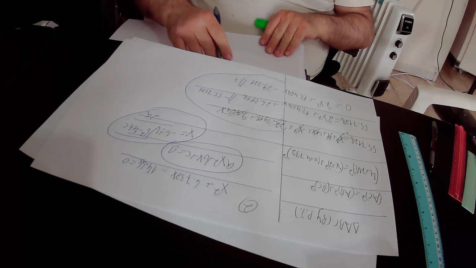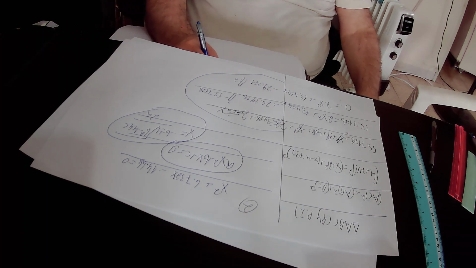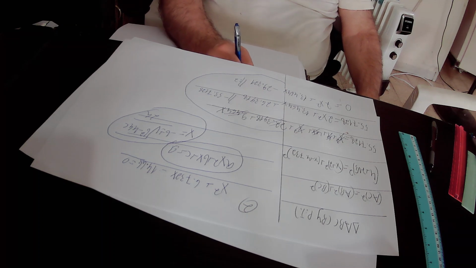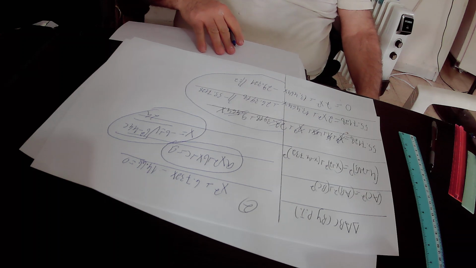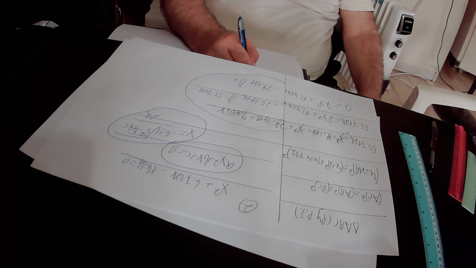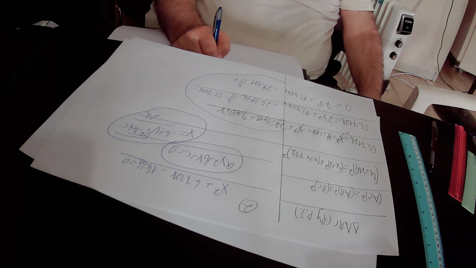In our specific quadratic equation, that is to say x squared plus 6.732x minus 14.66 equals to 0, the coefficient a equals to 1, the coefficient b equals to 6.732, and finally the coefficient c equals to minus 14.66.